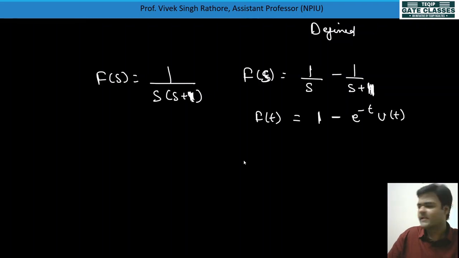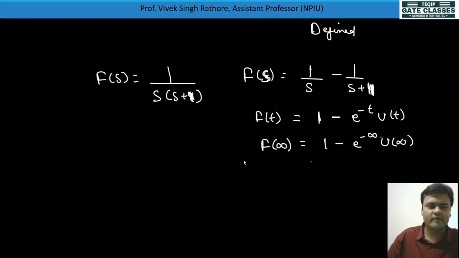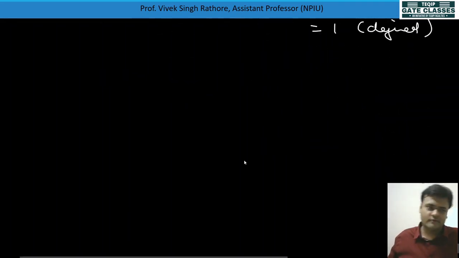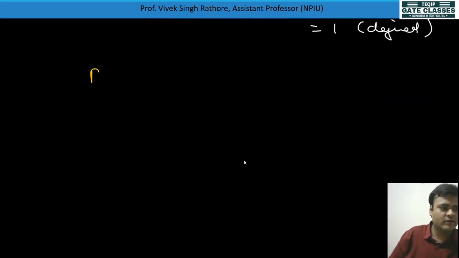If you take f of infinite, it is 1 minus e to the power minus infinite u of infinite, which is 1. So it is also defined. This is also very good. Now I will ask you something, and you should understand what I was about to tell you.